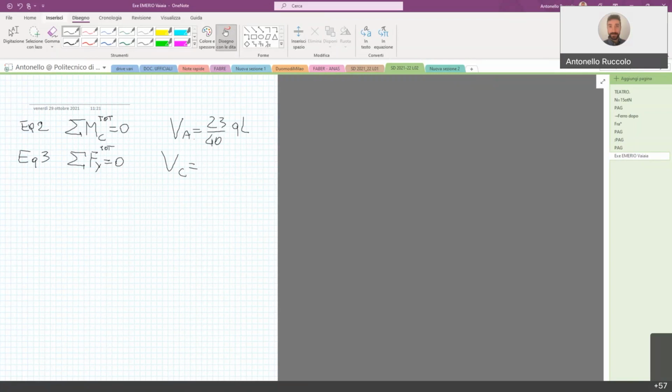The result is trivial, and again, I will not write all the equations, but we have Vc equal to 23/40. I will just check it because I don't want to have made any mistake.